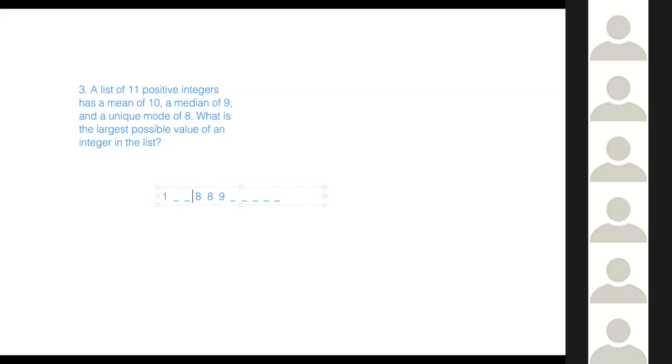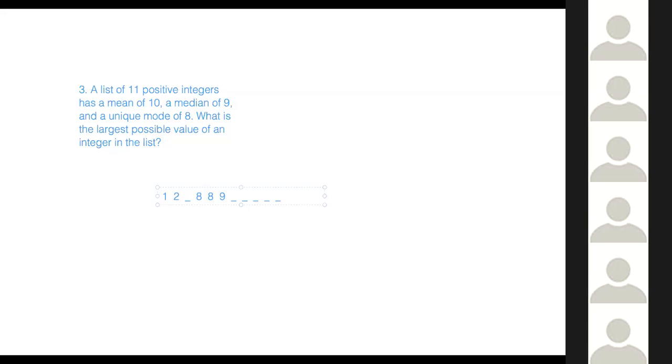And so then I put a 2 next to it, and okay, I accidentally did something wrong on the left side, but I put a 1, a 2, and an 8, and an 8, which doesn't work because 8 is supposed to be the mode.